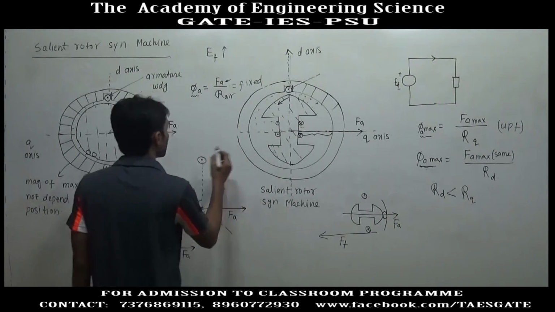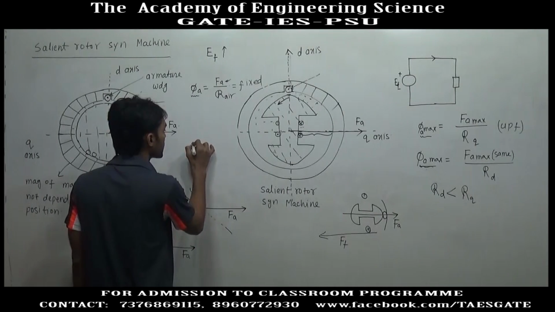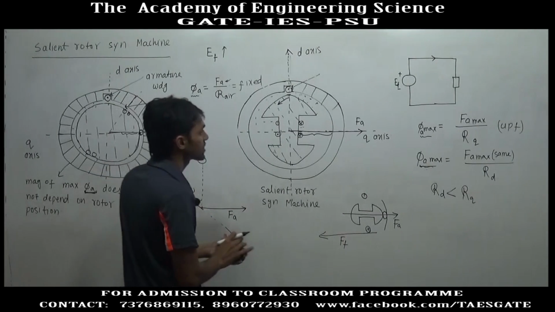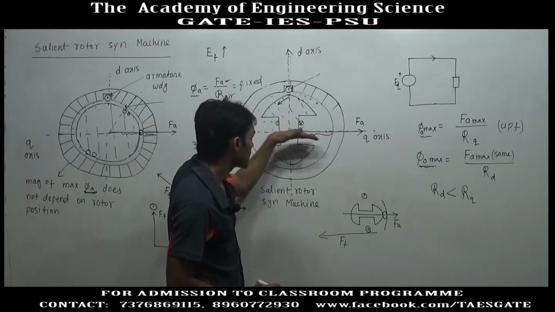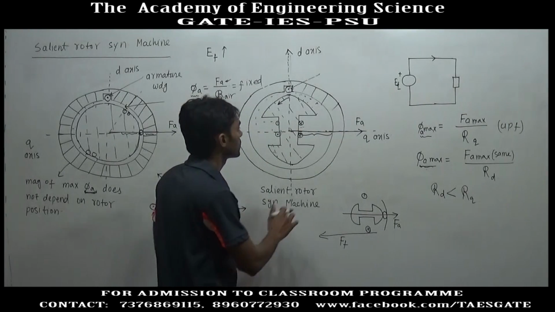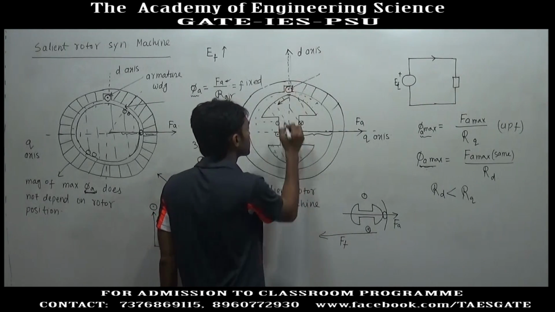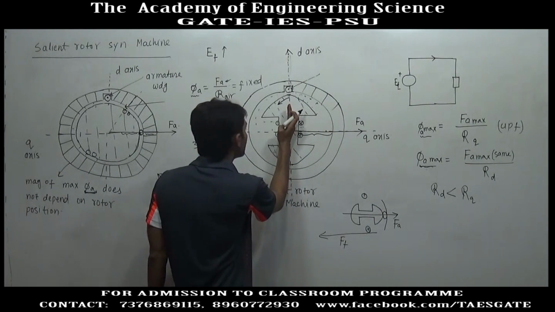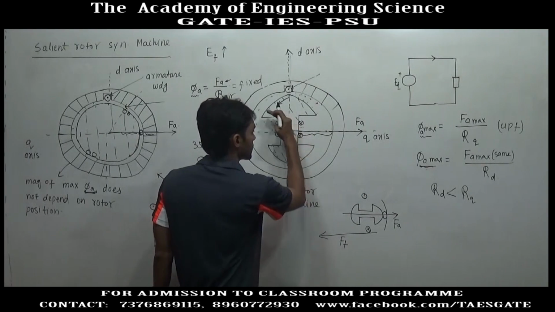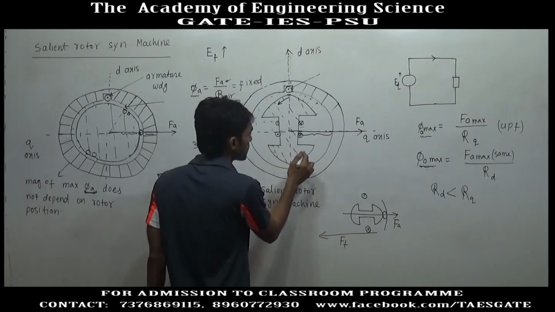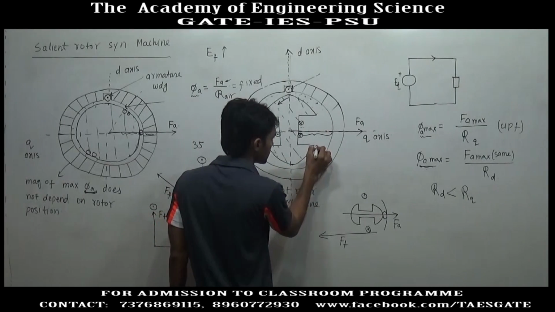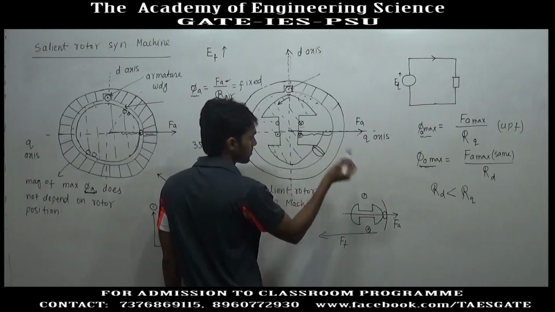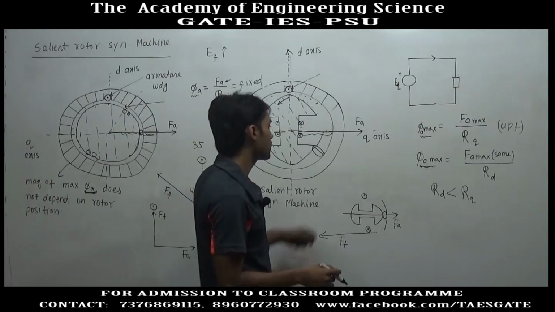Suppose the power factor angle is 35 degrees. So, the maximum current will be induced in this winding when the rotor has rotated 35 degrees in the anti-clockwise direction. If it is rotated 35 degrees, the pole may be here, and here the air gap is this much.